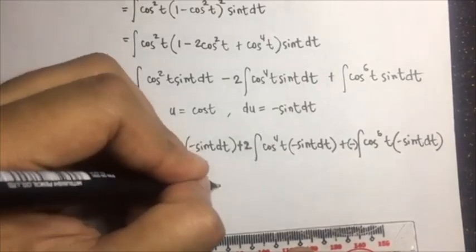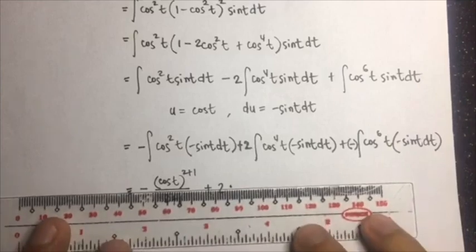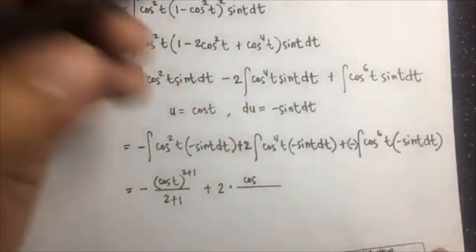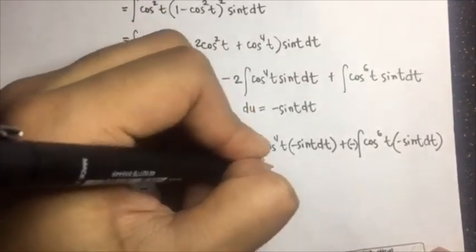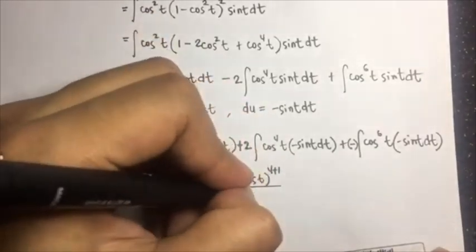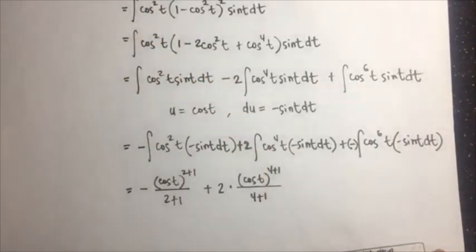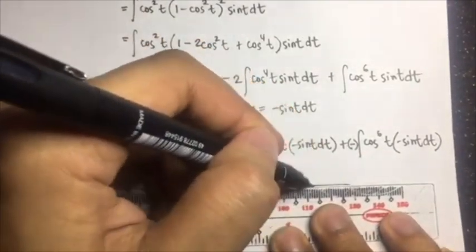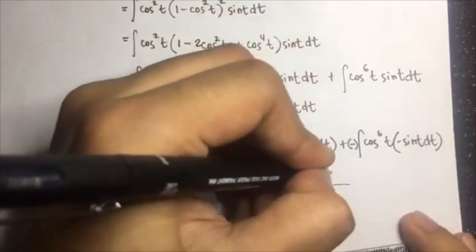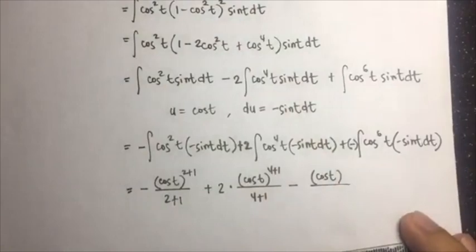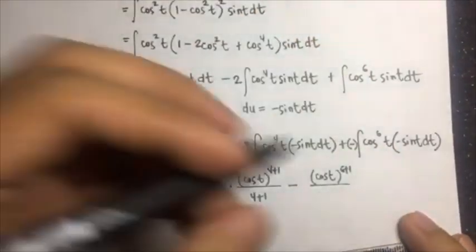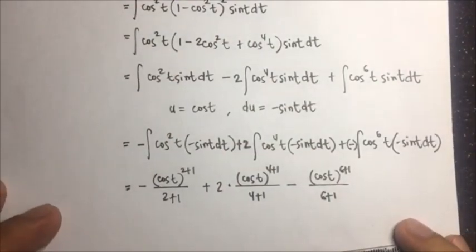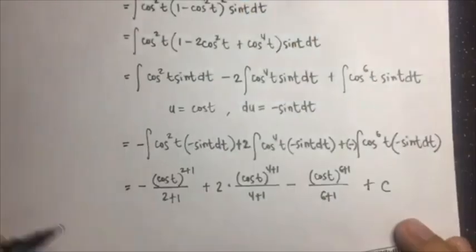Plus 2 times, power formula again here, cosine of t raised to 4 plus 1 over 4 plus 1, and then minus power formula on the third term: cosine of t raised to 6 plus 1 over 6 plus 1. And then we have finished integrating, so plus c.